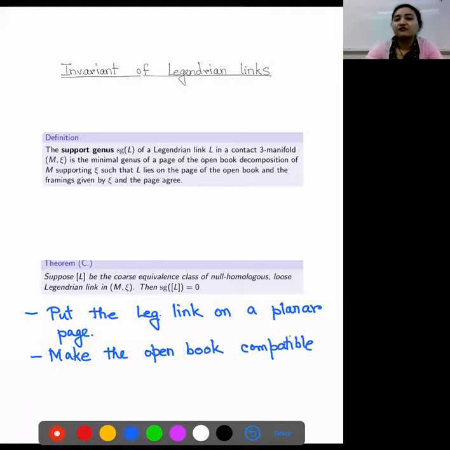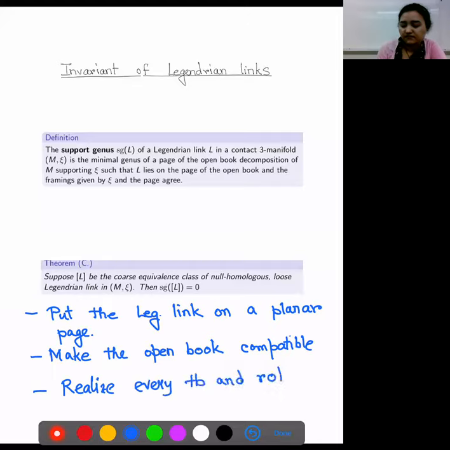So now we have an open book compatible with the contact structure, and the link lies on the page. The third thing is we want the link to realize every TB and rotation number. And in this third step, actually, we need the classification of Legendrian loose links.